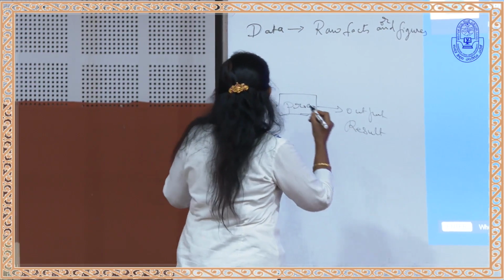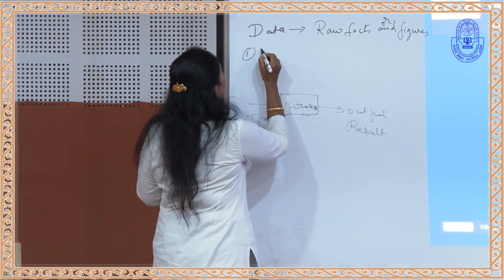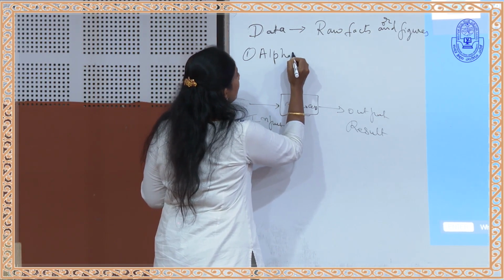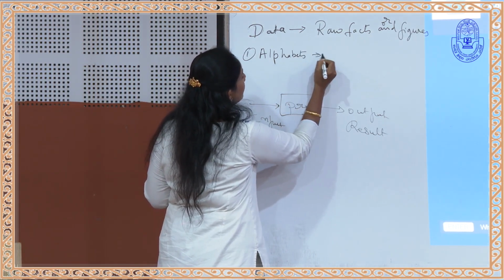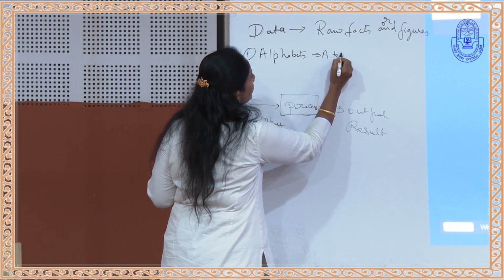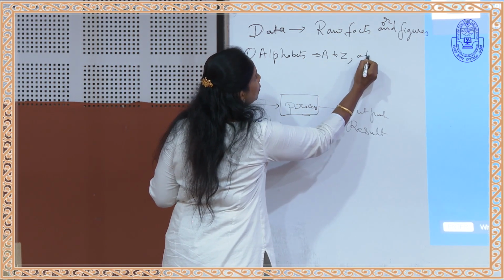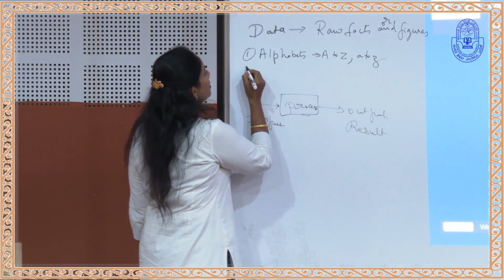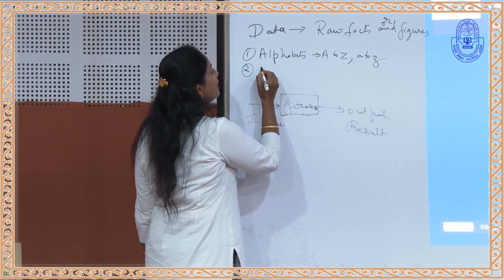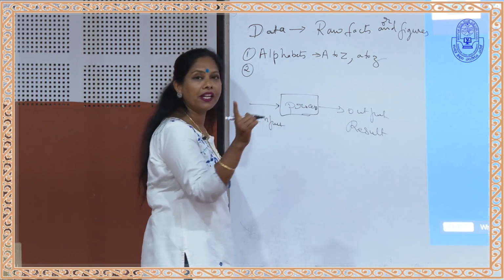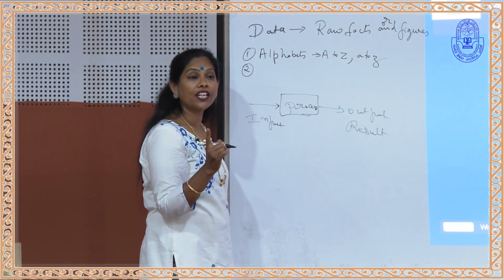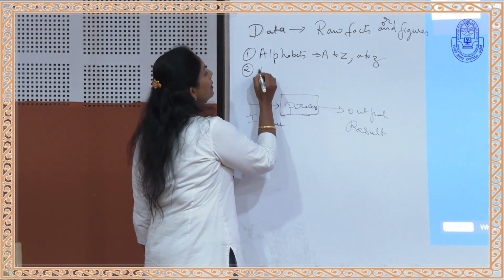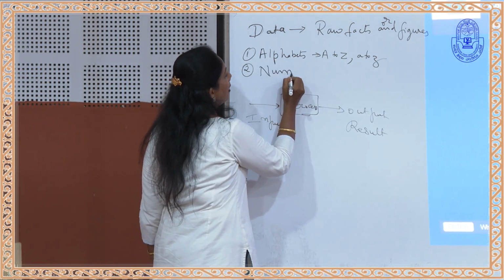Alphabets, alphabetic data: capital A to capital Z, small a to small z. Second one is numbers. Number is also data, that is called numeric data. This is alphabetic data, and numbers are numeric data.